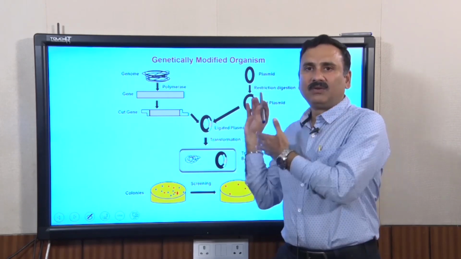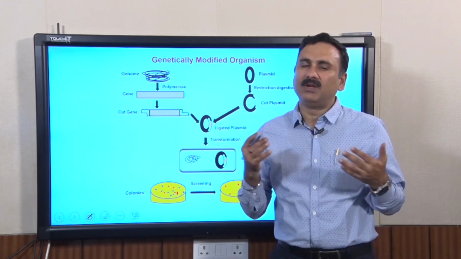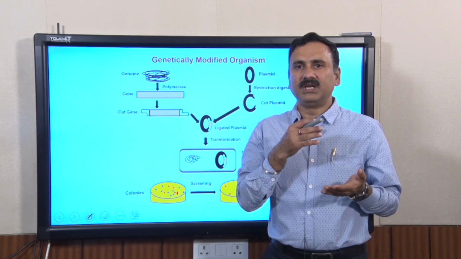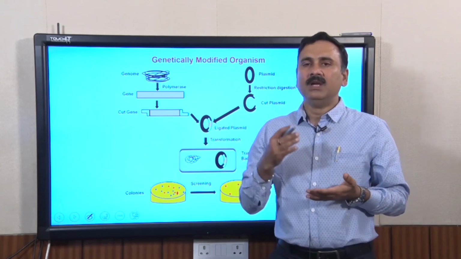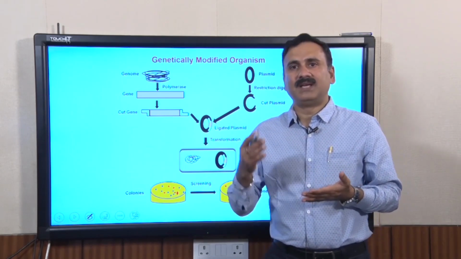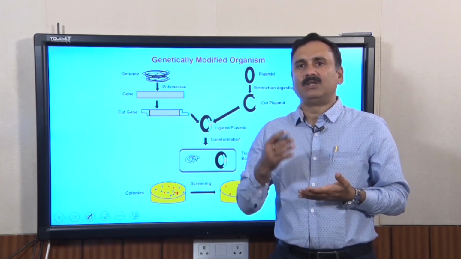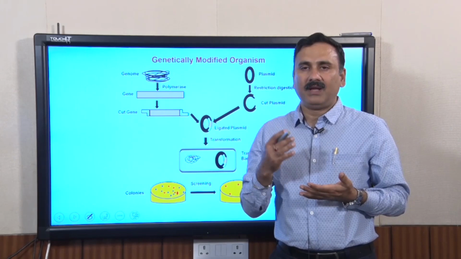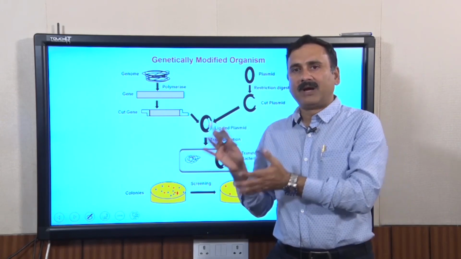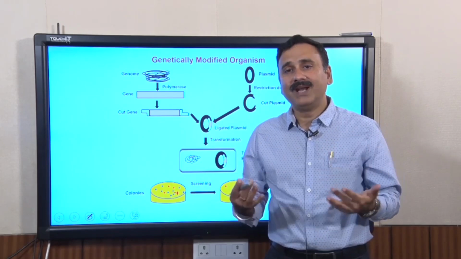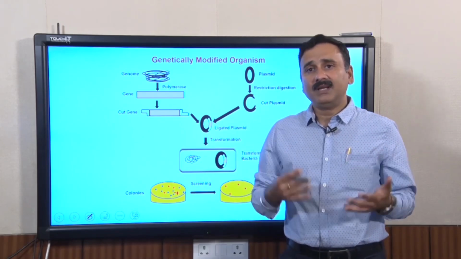In the case of transforming agents, we have discussed the different features of the vectors people use in bacterial expression systems, eukaryotic expression systems such as yeast and mammalian systems, the bacteriophage, as well as baculovirus based systems, to overexpress or to generate genetically modified organisms.